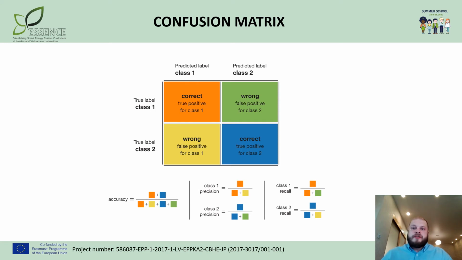Precision shows the number of truly positive outcomes from the entire set of positive labels identified by the classifier. Recall is the fraction of relevant instances that were classified. Classification accuracy is a metric that summarizes performance of the classification model as the number of correct predictions divided by the total number of predictions.